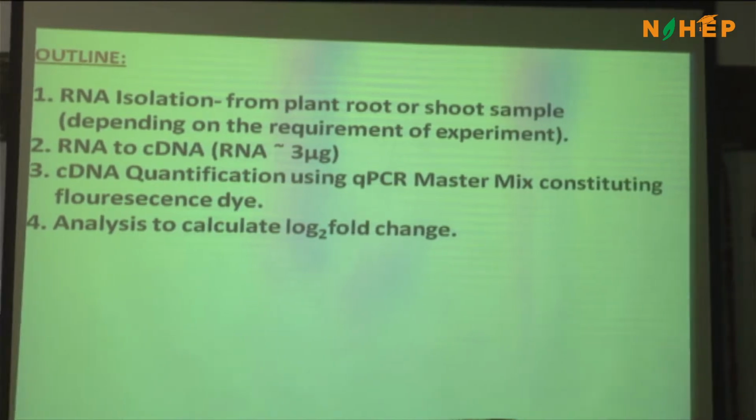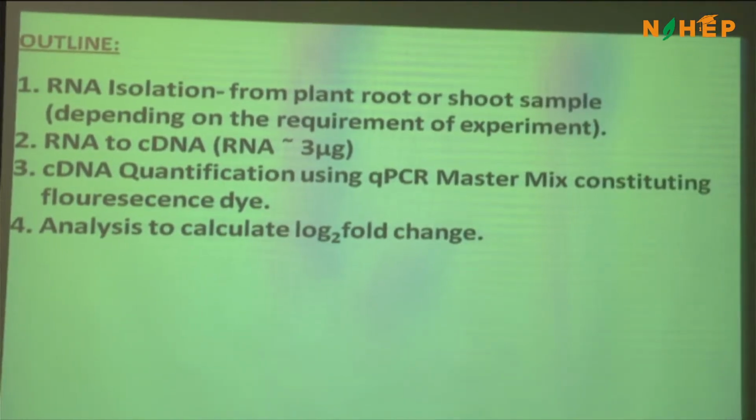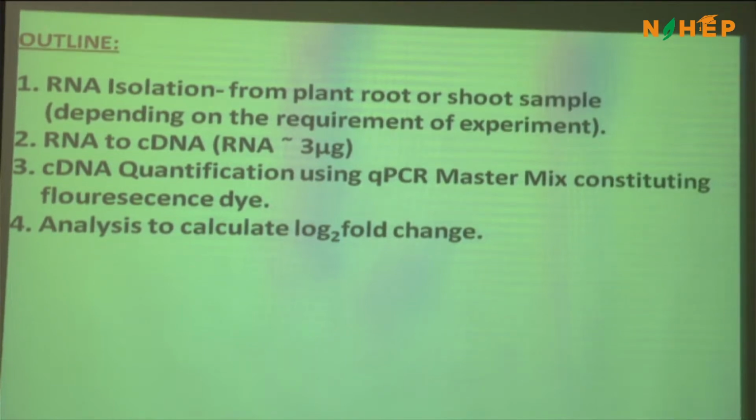In the protocols from the kits, from Omega or Kaizen, we take 3 microgram of RNA sample to convert into a proper functional cDNA. Then for cDNA quantification, using a fluorescence dye in a qPCR master mix, through the thermocycler we can get the quantification of those cDNA, or I can say RNA expression.